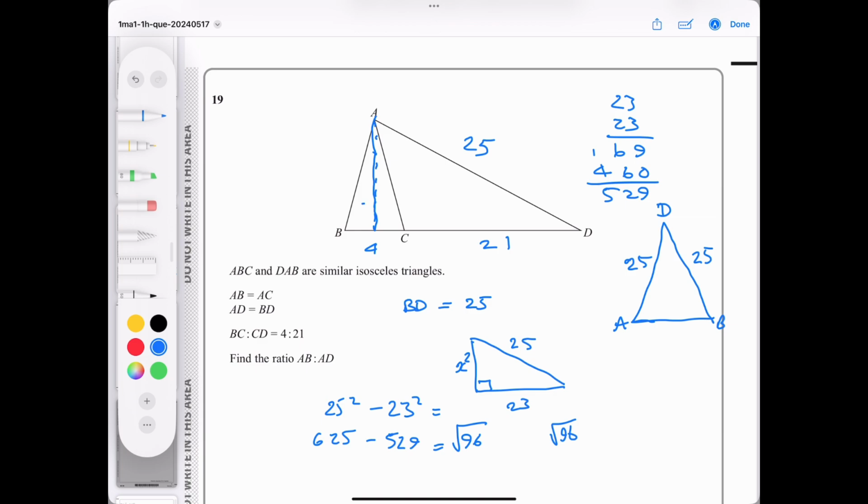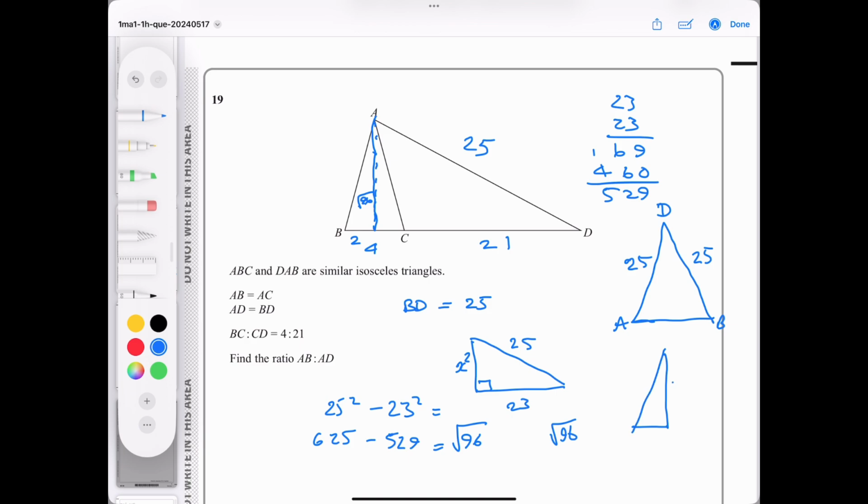So that's root 96, which is just under 10. So that's 4, so that's 2. Oh, so I can find the answer by using, then I can go redraw this.